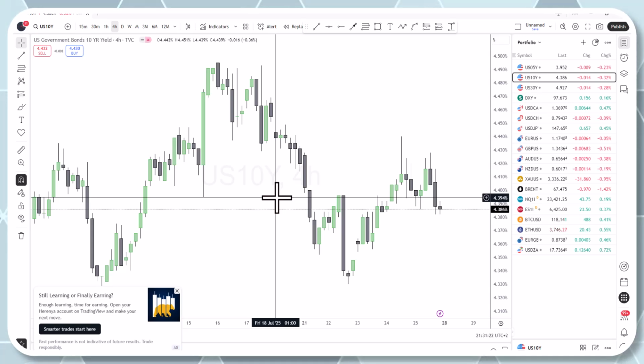It needs to have two things. There are two things required for you to tell a valid OB from an invalid one. Number one, we need a break of structure, showing a change in market intent. Number two, we need price to create imbalance, also known as a fair value gap, right?